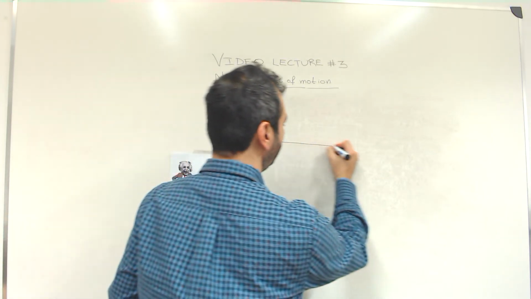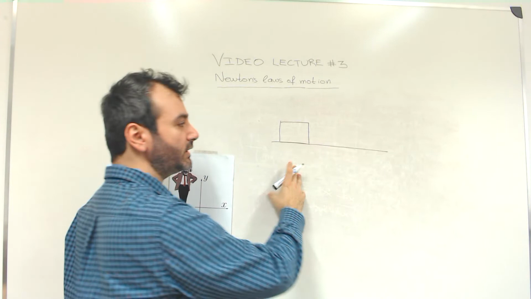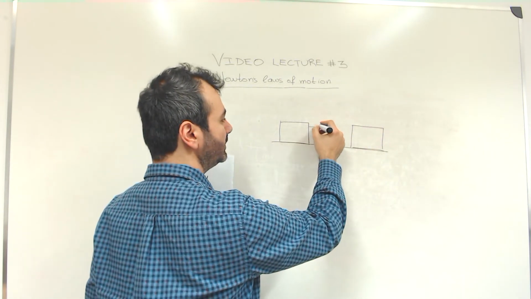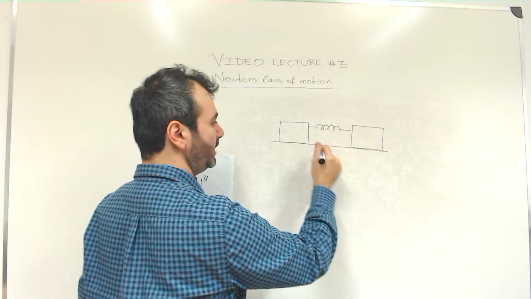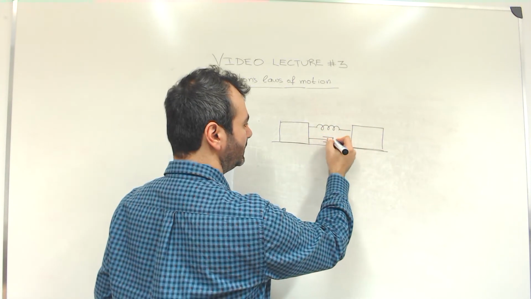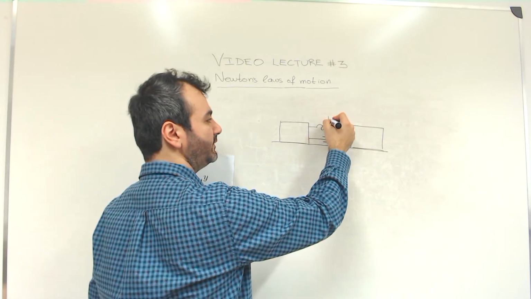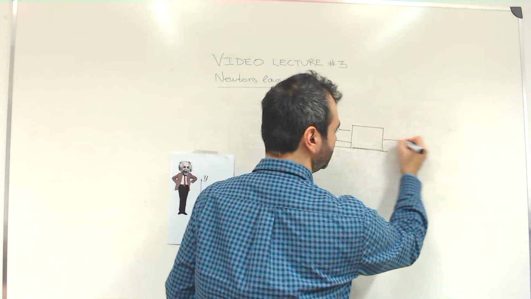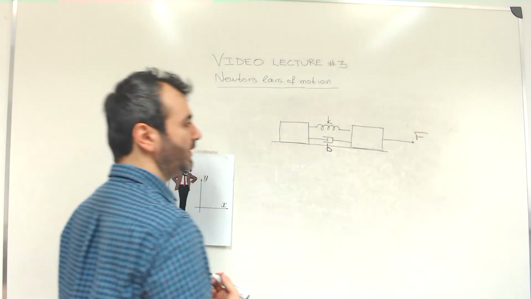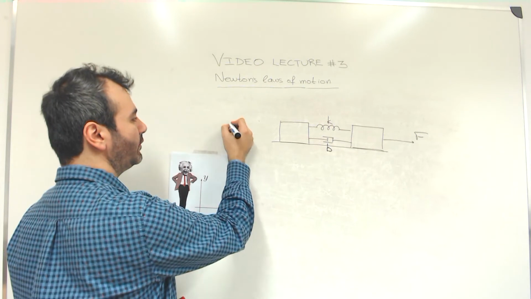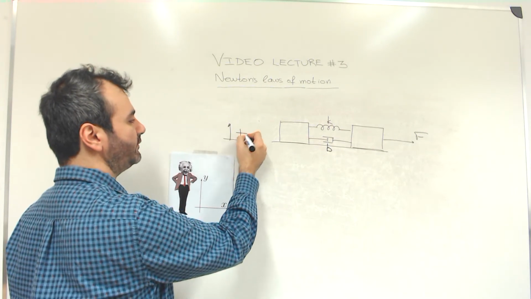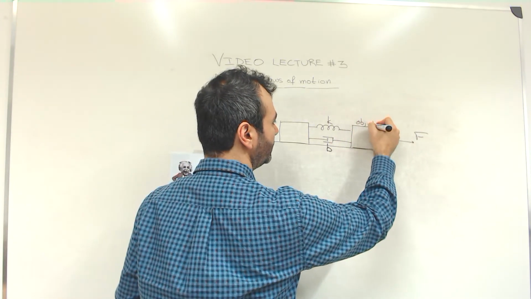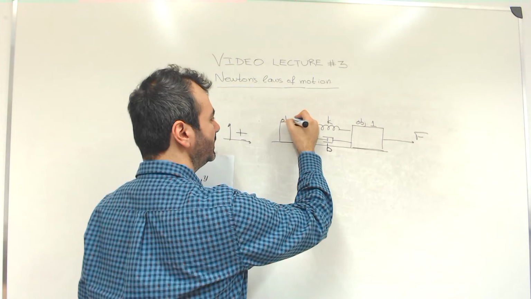So the first goes like that. You have two objects, this one and this one, and these are now connected by a spring and a damper. The spring has stiffness K, the damper has coefficient B. We apply an external force F on this object, and we have placed our inertial frame of reference over here. This will be object number 1, and this will be object number 2.